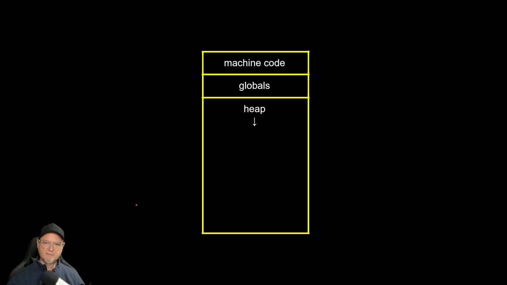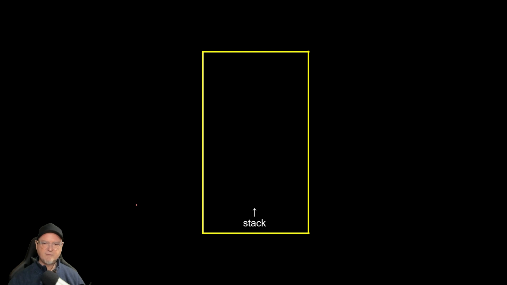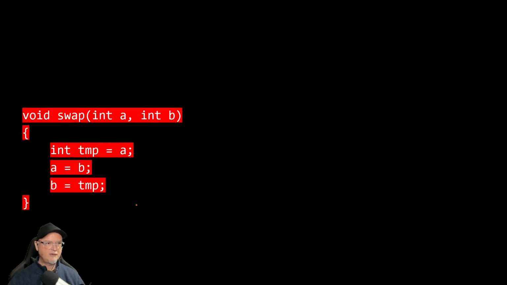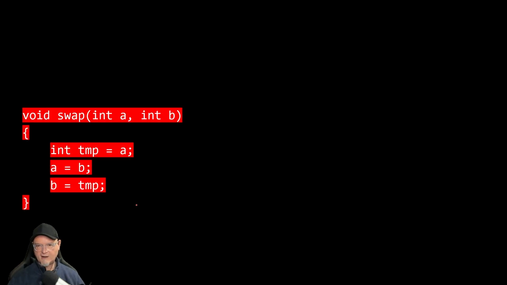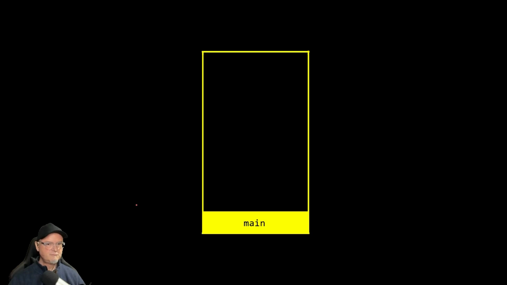Now, in a previous tutorial, I think it was last week, so for week 4, we talked about the notion of the stack, and stacks grow upwards. So the opposite of the way that heaps grow. And we talked about the stack a little bit. You can actually use the swap program to kind of look at this, where we've got our main chunk of memory in our stack, and then our swap function gets added on top of that.